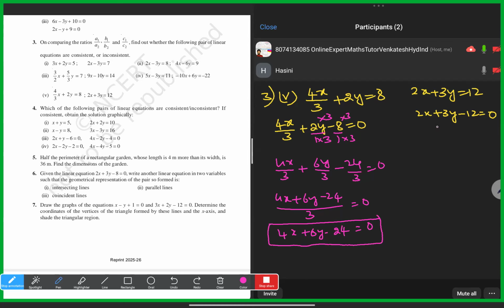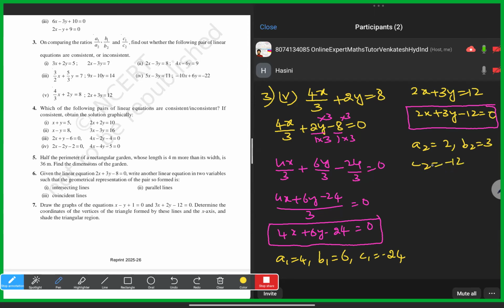So now the second equation is this, Hasni. We'll check the A1, B1, C1 values and A2, B2, C2 values. A1 is 4, B1 is 6, C1 is minus 24. A2 is 2, B2 is 3, C2 is minus 12.